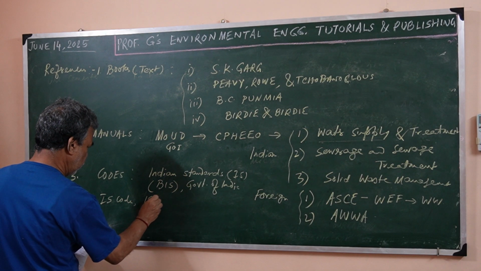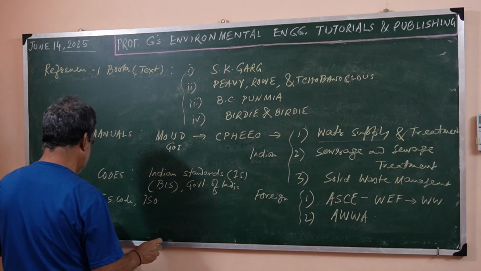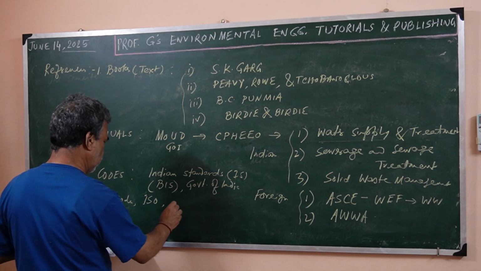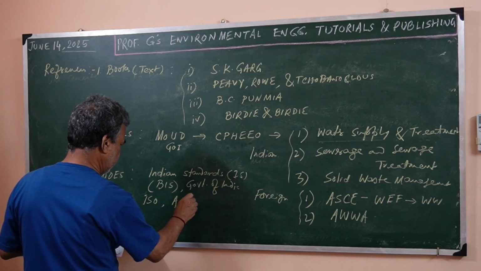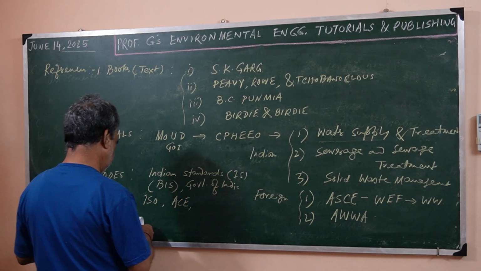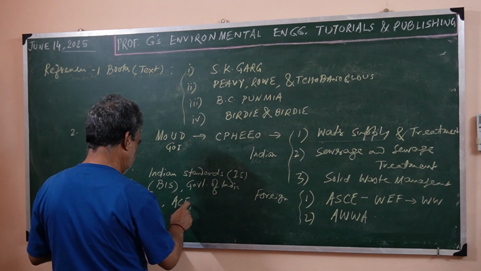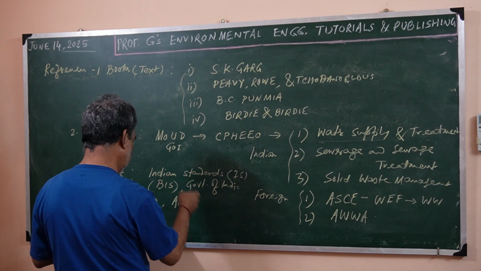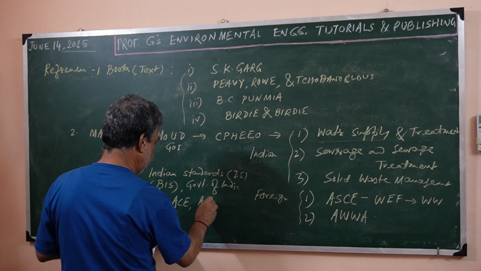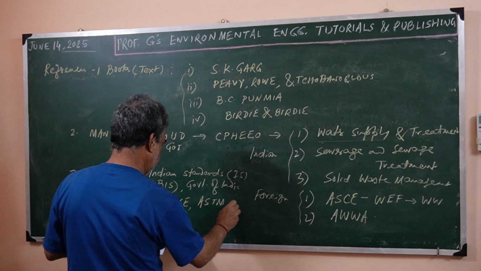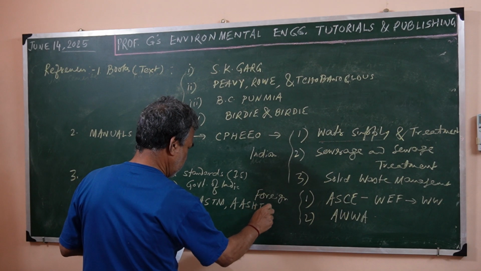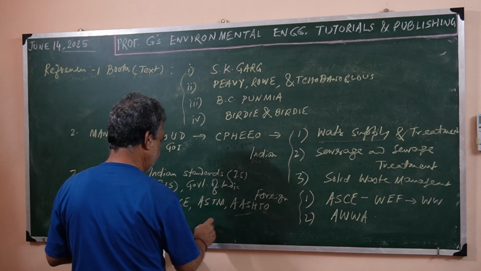then ISO, International Organization for Standardization, then American codes, various codes are there, American concrete, this is American concrete engineering also. This is ASTM, then highway, mainly transportation highway.